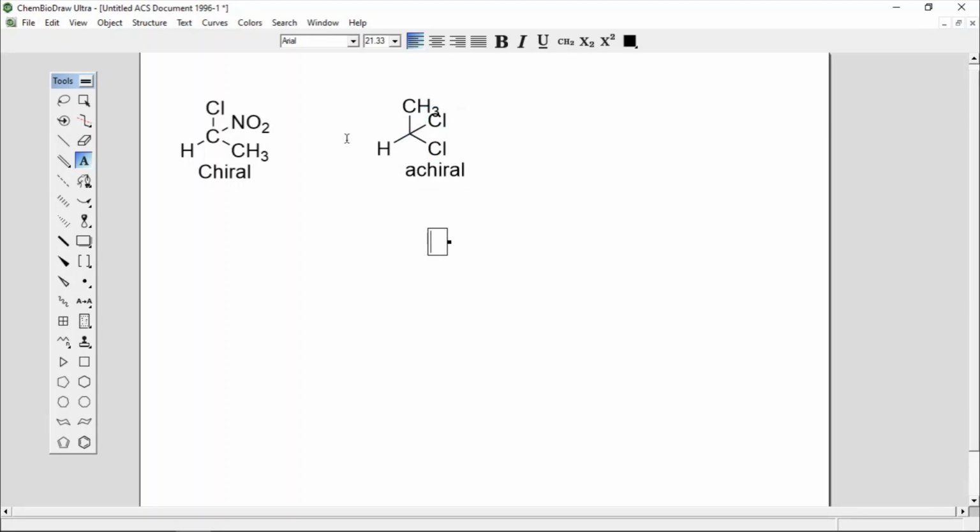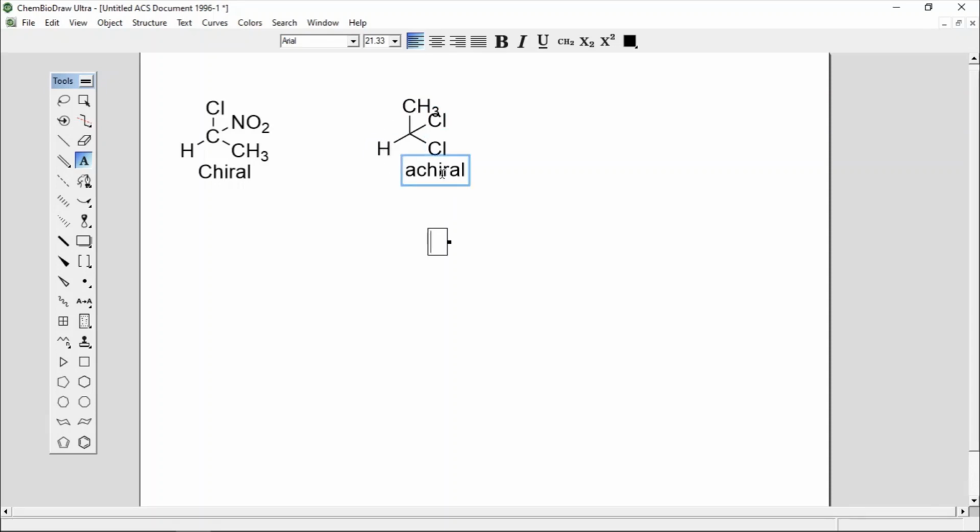So the condition for chirality is that it should have four different groups. This carbon is attached to this CH3 methyl group, chlorine and hydrogen, so it has two same groups, and this molecule will not be a chiral molecule.